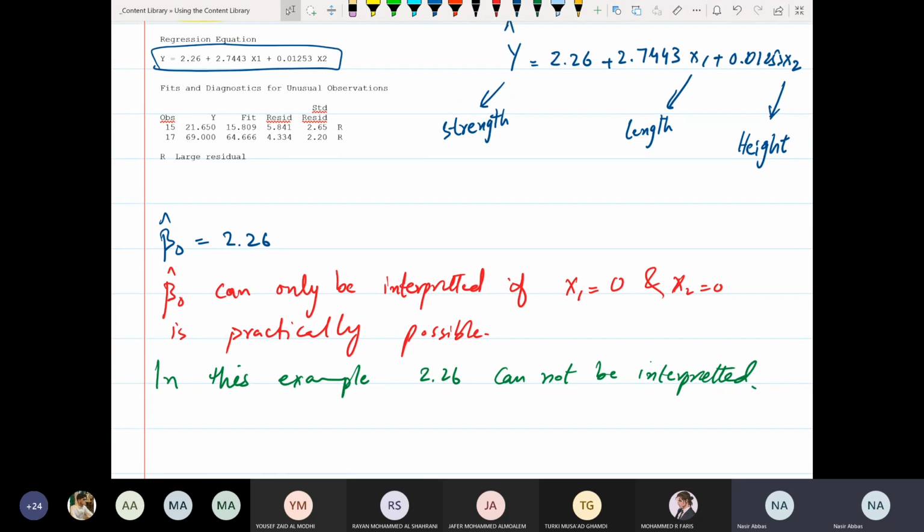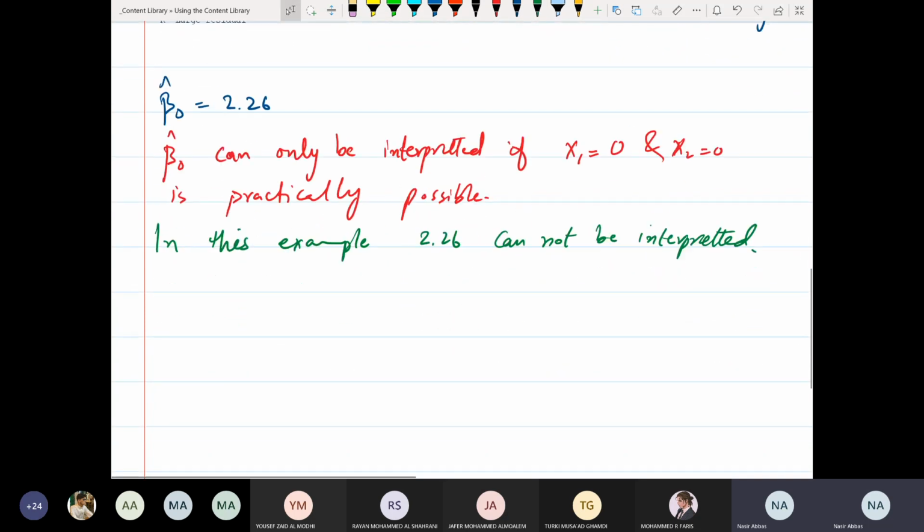Then we come to the second coefficient, 2.7443. This is beta 1 hat.